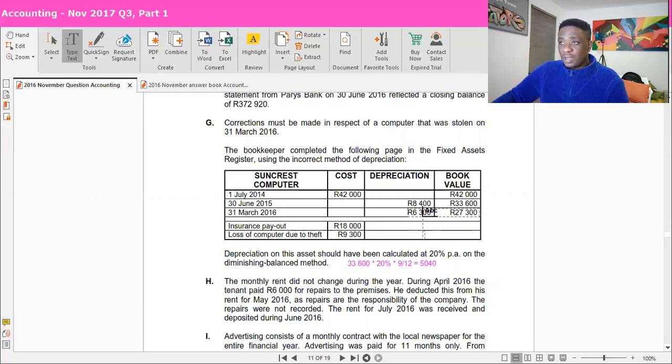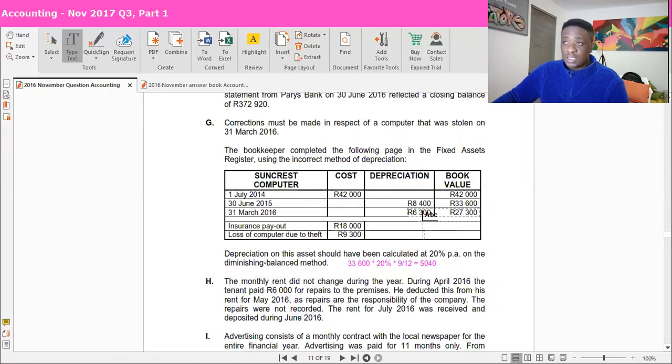And then there's one thing that we just realized: instead of 6,300, this balance should have actually been 5,040. So if this should have been 5,040, this amount would actually be bigger than it is now, because you'd have said 42,000 minus 8,400, and then minus 5,040.